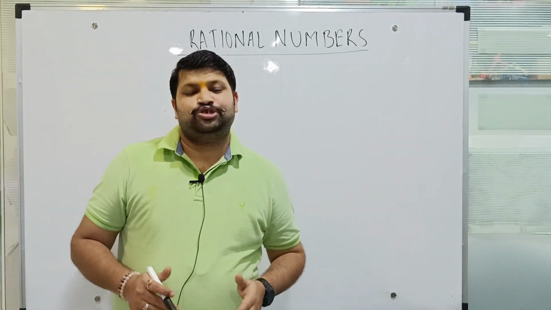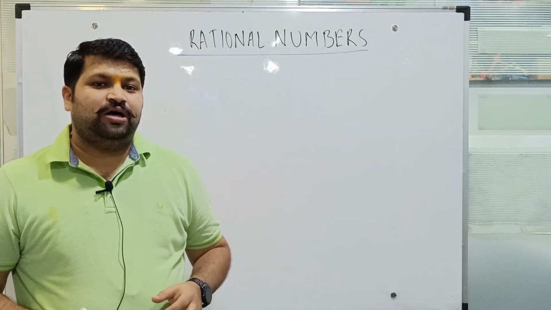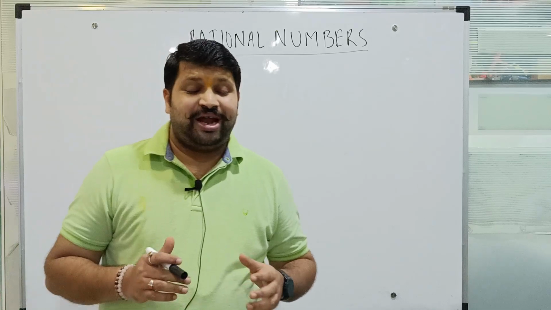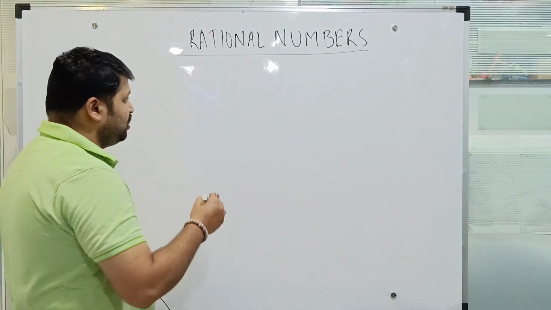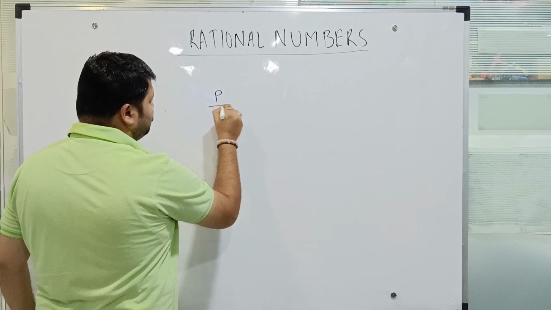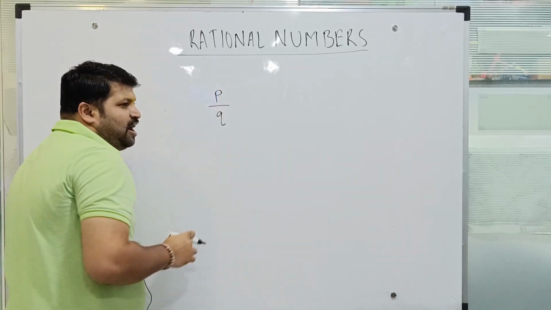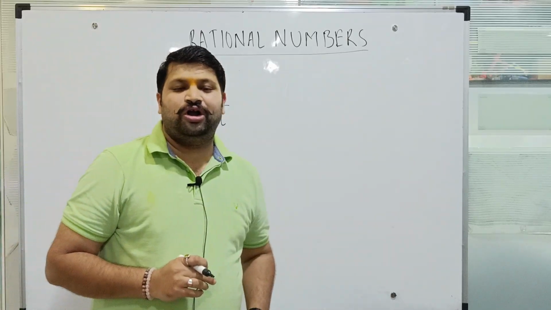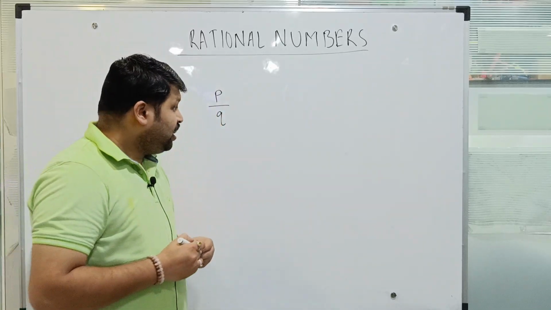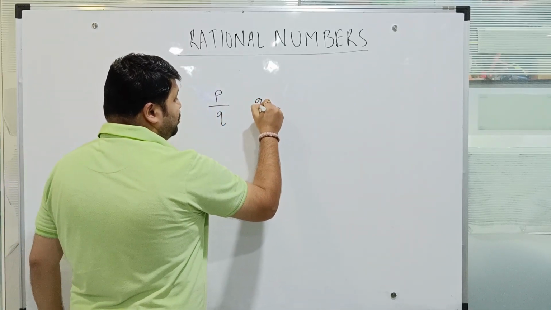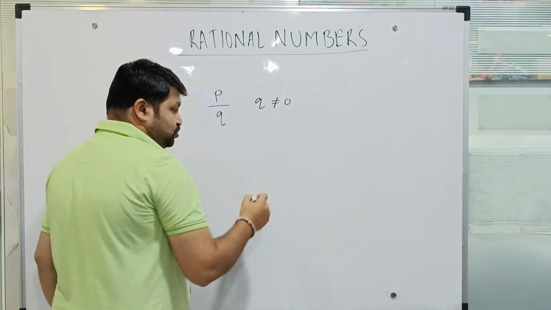So by definition, a rational number is a number that can be defined as P upon Q. That is, anything that I can write as P upon Q that has a numerator and a denominator is called a rational number, where this denominator cannot be equal to 0.